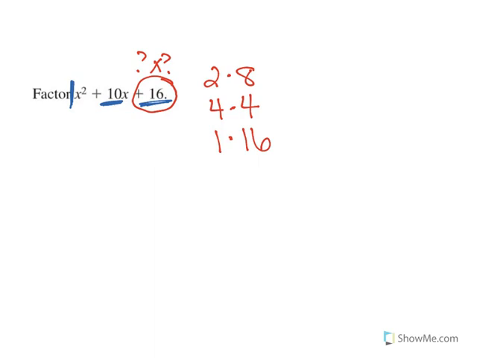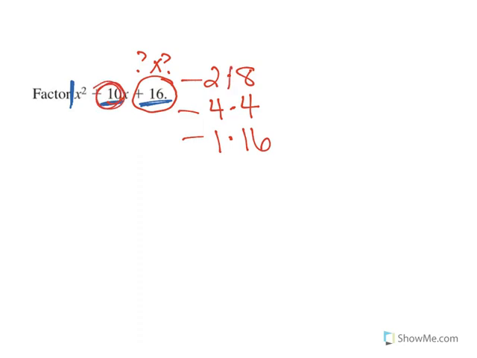And then think about it. 3 doesn't go into 16, 5 doesn't go into 16, 6 doesn't go into 16, 7 obviously doesn't go into 16, and then we come back to our 8. So we've listed all of the factors. Now we need to think about which of these pairs adds up to equal our positive 10.